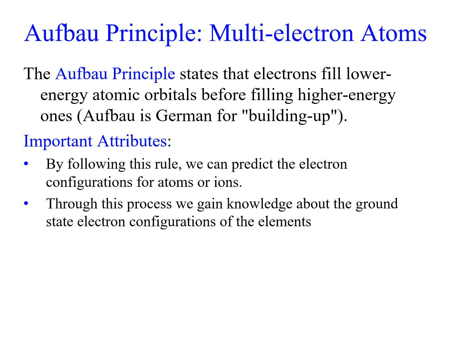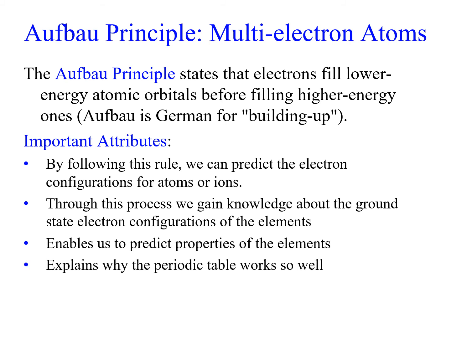That's just their lowest energy state. And it also enables us to predict the properties of elements based on their electron configuration. And it explains why the periodic table works so very well. And so the Aufbau principle, again, to restate it, electrons fill lower energy orbitals before filling higher energy levels.